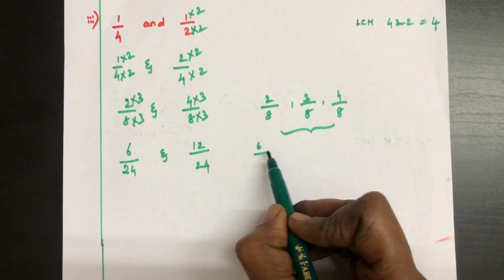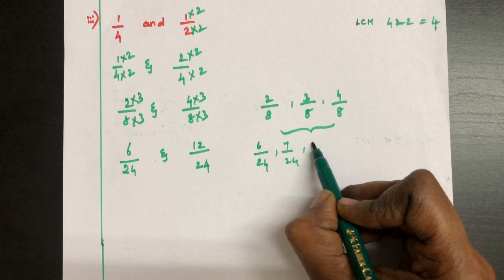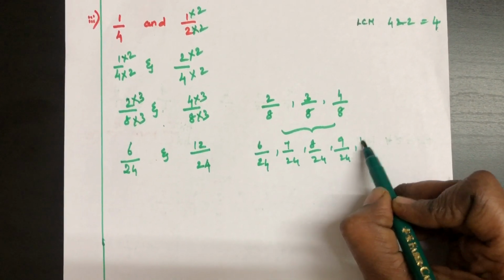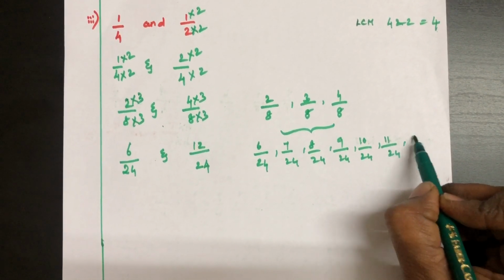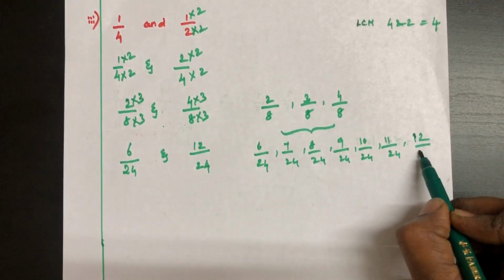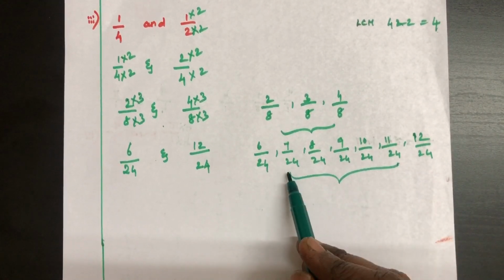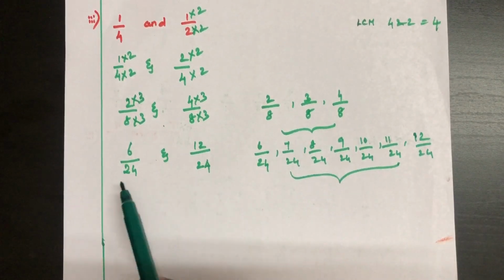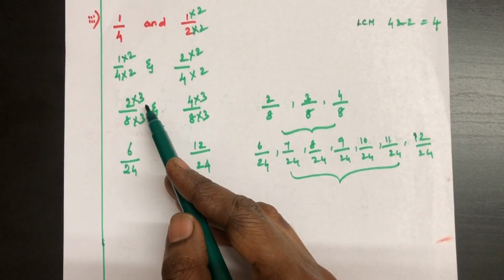Now let us check. 6 by 24, 7 by 24, 8 by 24, 9 by 24, 10 by 24, 11 by 24, 12 by 24. See, exactly we have 5 rational numbers in between these two numbers. So we can do like that. Into 3, in any way, into 4 also you can do, into 5.